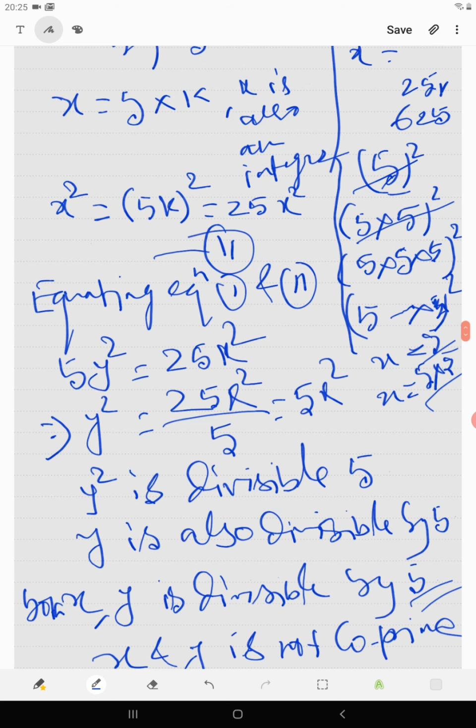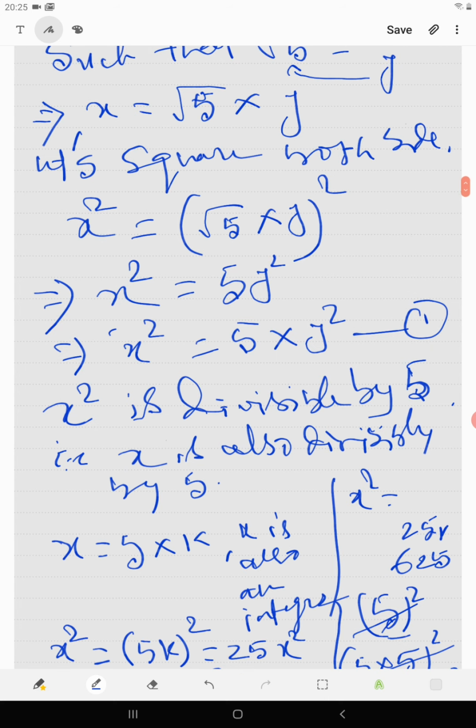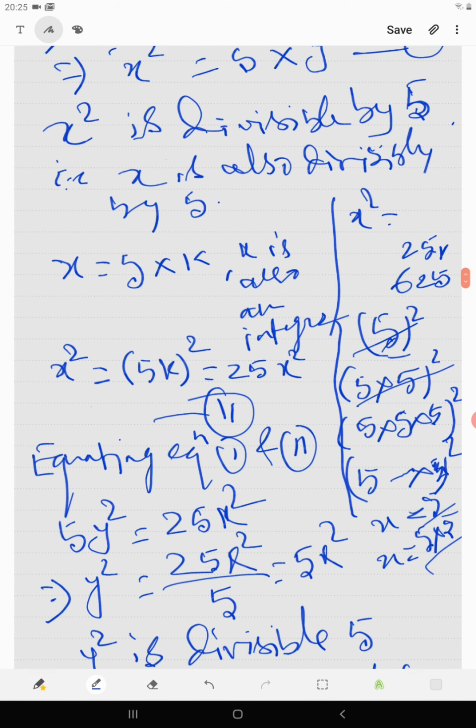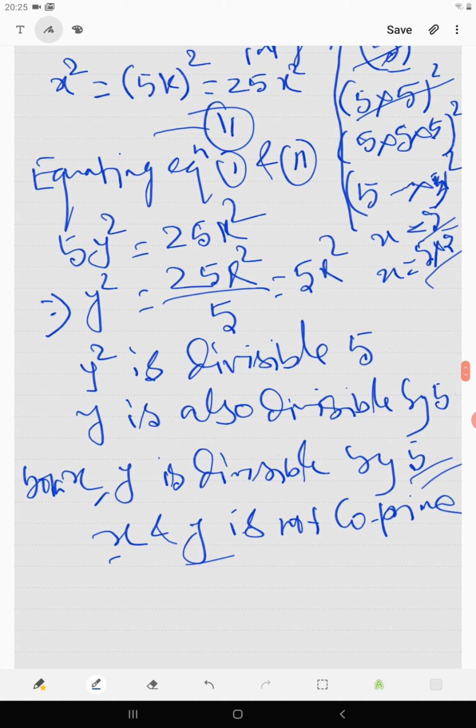Correct? So this contradicts our initial assumption that it can be represented in the form of two co-prime integers. We assumed x and y are co-prime, but we got that x and y are not co-prime. So this is a contradiction.